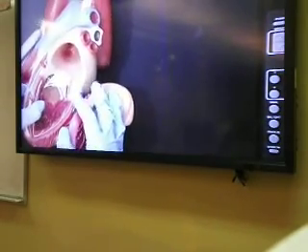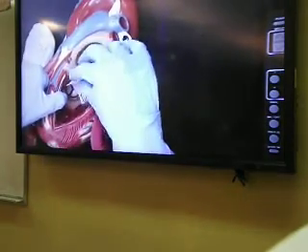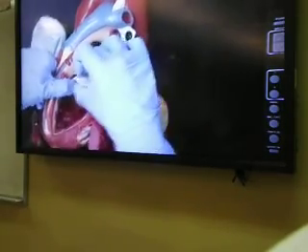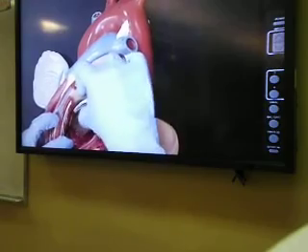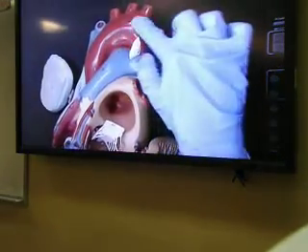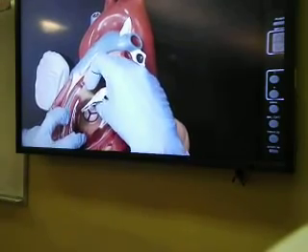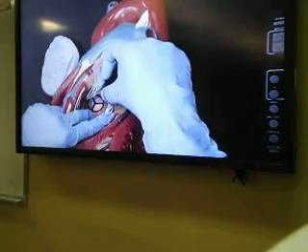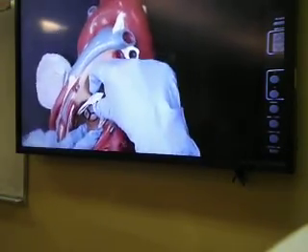At the same time, another valve which we call the aortic semilunar valve actually opens up, so that oxygenated blood can go into this huge blood vessel which we call the aorta from the left ventricle via the aortic semilunar valve. So right here is the aortic semilunar valve, also half moon shaped and has 3 cusps.